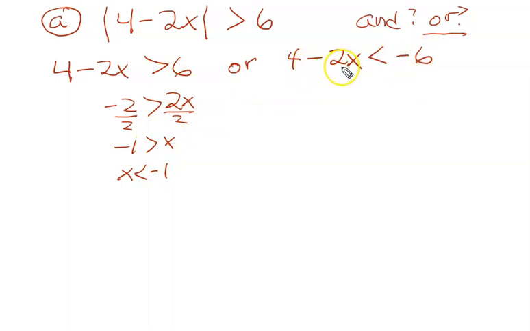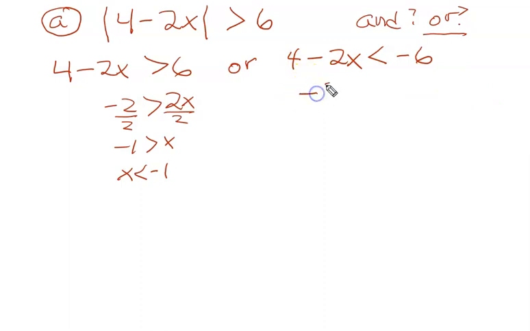Now here, again, I'm going to move this over. This becomes a positive. Or let's do it the other way, just for the sake of doing it, to show you. Again, there's different ways for it to be done.